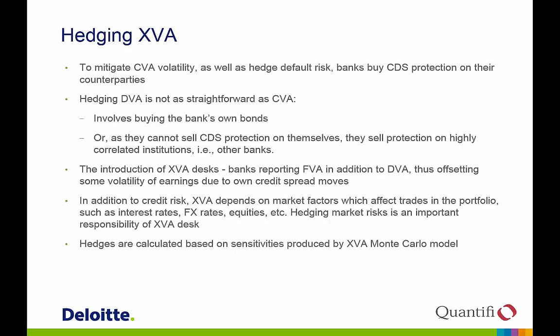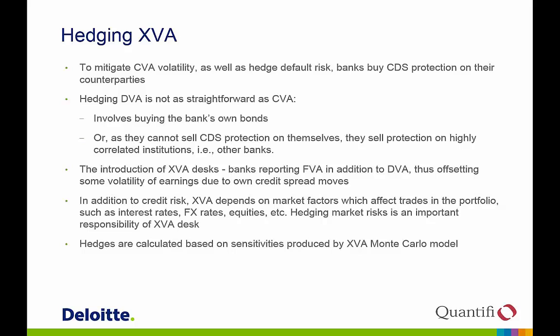As Roman explained, DVA depends on your own spread, so to hedge volatility of this spread, it involves buying your own bonds. Of course, you cannot sell CDS protection on yourself. So another strategy is to sell protection on some basket of highly correlated institutions, for example, other banks. But this strategy backfired in 2008 when Lehman was part of this basket, and with Lehman's default, a lot of banks who sold protection on this had to pay dearly.